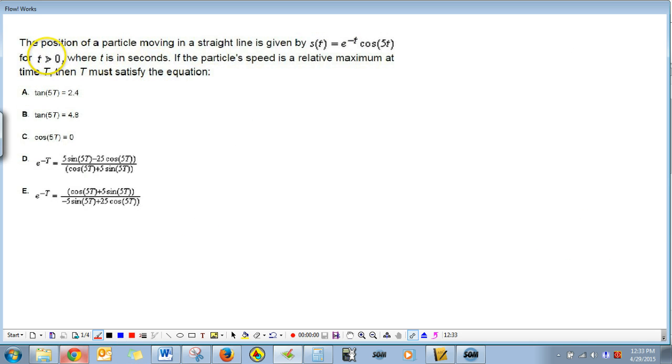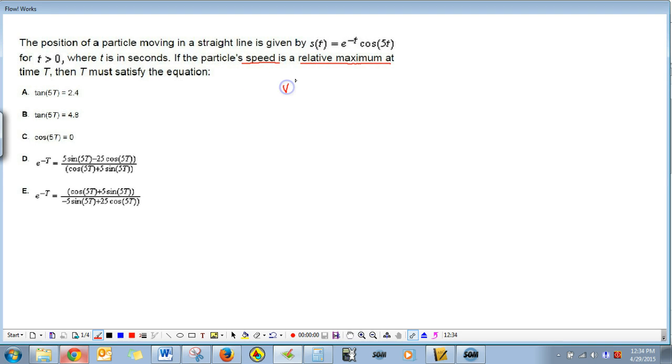Now we're going to continue with the same function, and talk about when the particle's speed is at a relative maximum. His speed is at a relative maximum when the derivative of the velocity is 0. So we need to take the derivative of the velocity here.